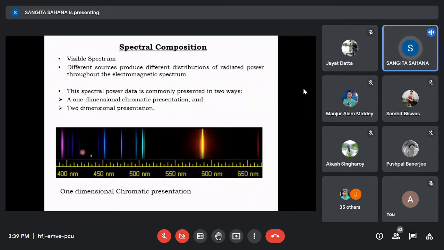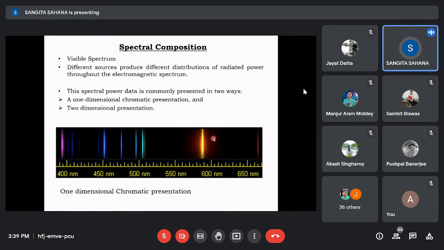And this is an example of a discharge light source. You can see 400 nanometer to somewhere 650 nanometer or more is visible here. So these lines are due to the light from that source. You can see violet, blue, green, yellow, red, etc. This is called the one-dimensional chromatic presentation, because you can see only the colors present in that respective light, not the amount of radiation.